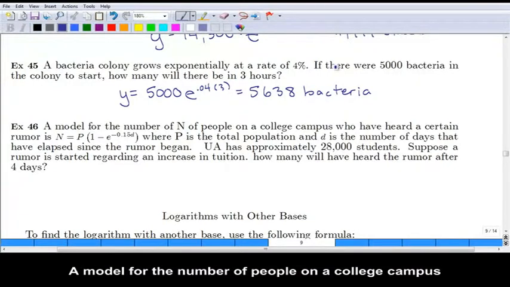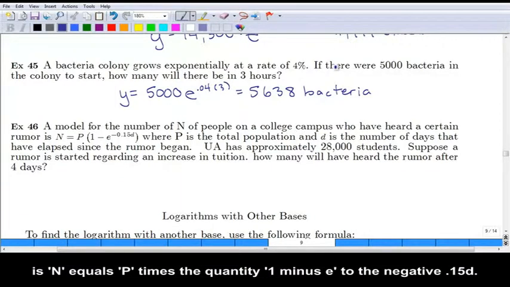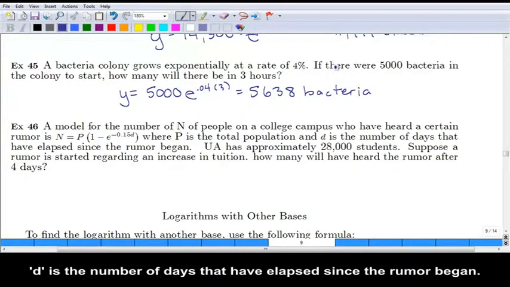A model for the number of people on a college campus who have heard a certain rumor, so this is the model for how rumors spread, is n equals p times the quantity 1 minus e to the negative 0.15d, where p is the total population, d is the number of days that have elapsed since the rumor began.